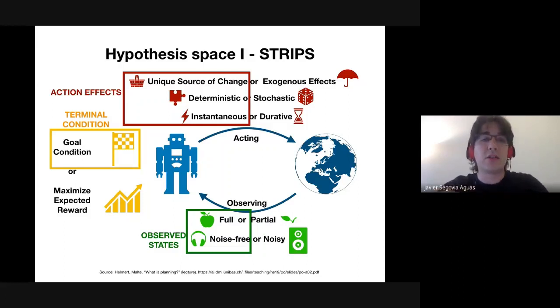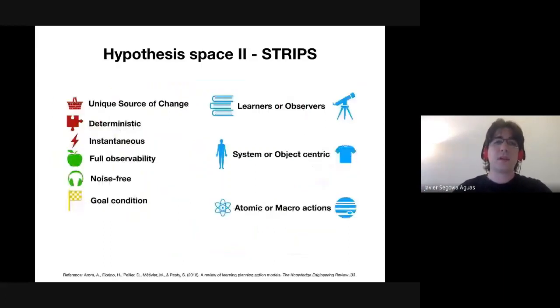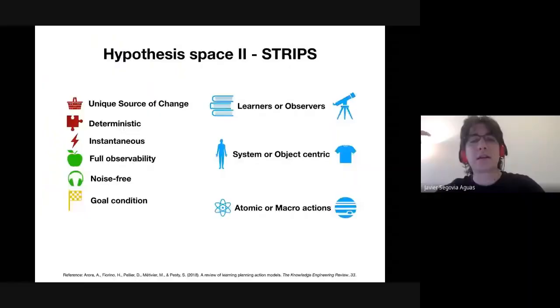The ones on top are related to action effects, the ones below are related to observed states, and the goal condition is the terminal condition of a problem. But beyond the planning paradigm, we have three more features to consider, that are, we can be either learners or observers.